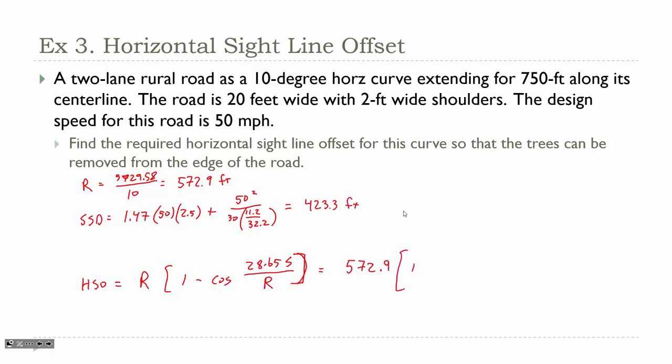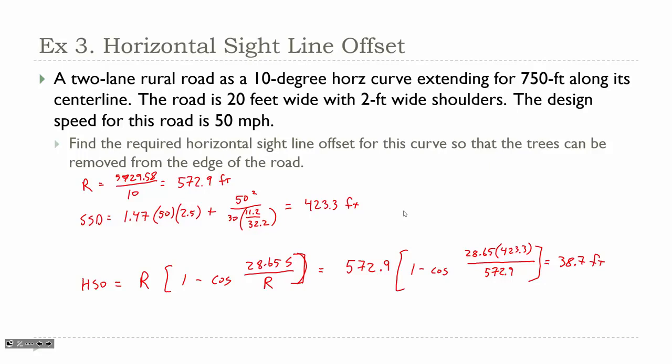So plugging everything in, we'll call it 38.7 for that horizontal side offset.